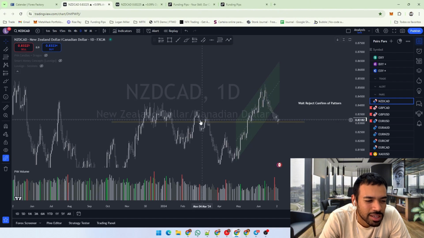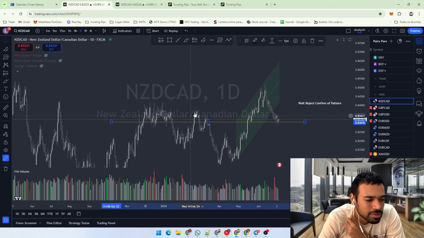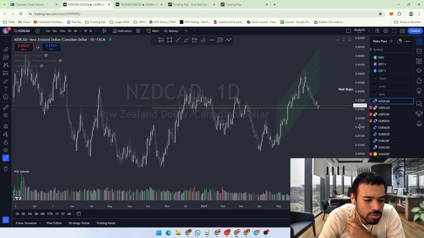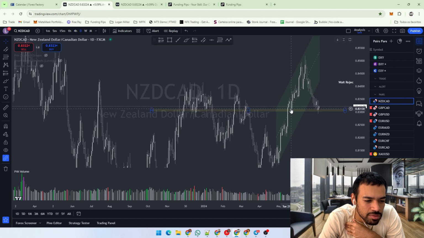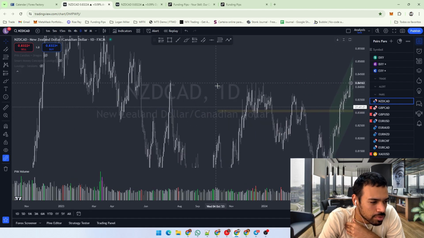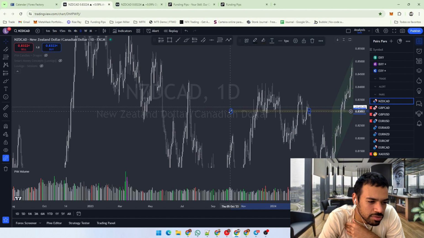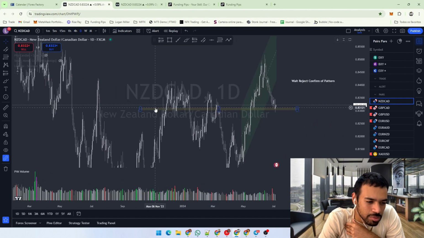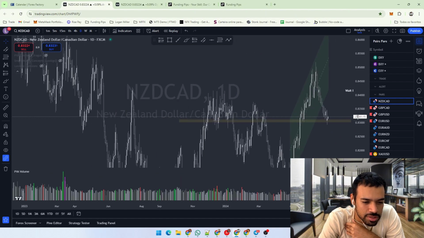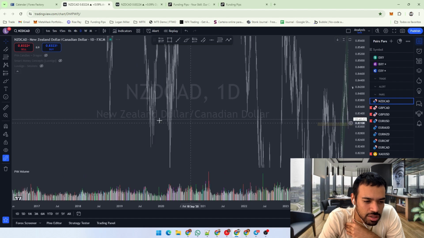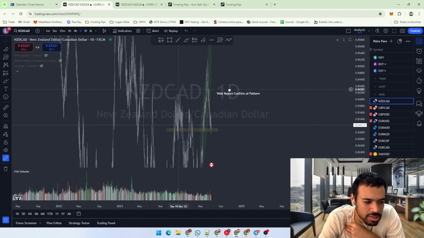We can draw this support right here because we have this low here, and a lot of lows right here. And of course, if you extend this a little more, you can see other lows in this area.